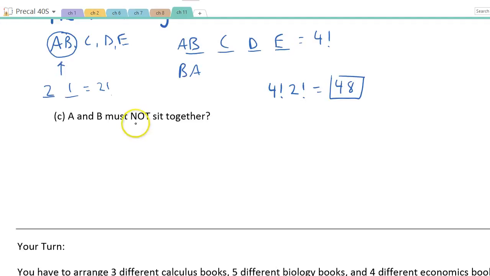When you see these not type of questions, right, how many different ways can they sit if A and B must not sit together? Really what we're going to do is we're going to say, what are all the ways, minus if A and B must sit together.